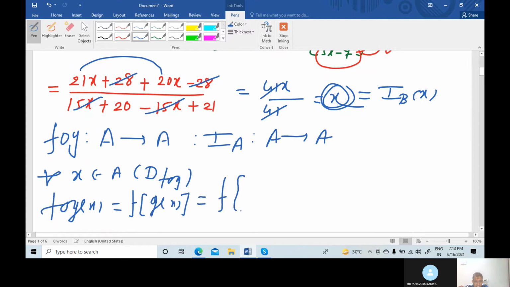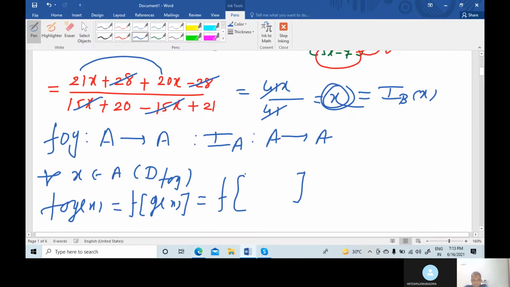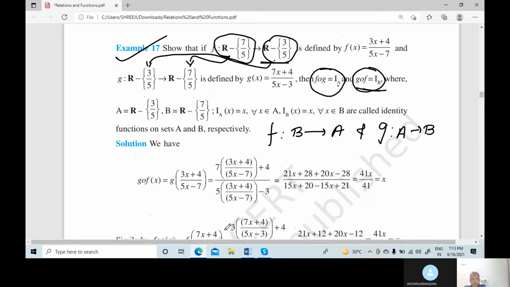Okay, F of G(x) is what? First we check your question. G(x) equals (7x + 4) upon (5x - 3). Now we discuss the function F(x). Before here is the letter f, therefore for the function F(x), this is your x. Now check, F(x) is what?